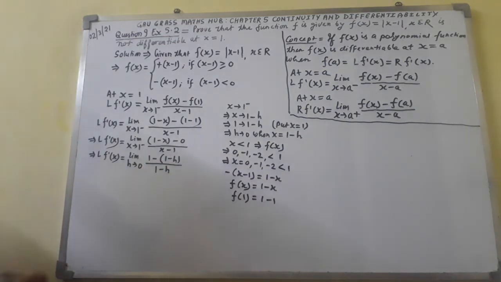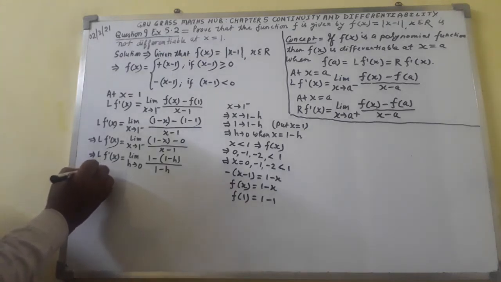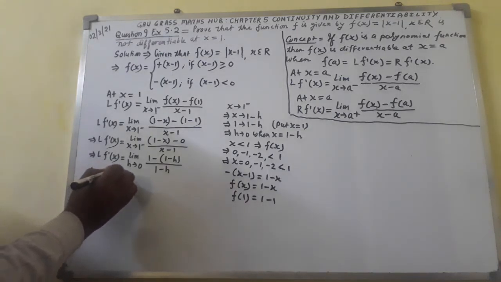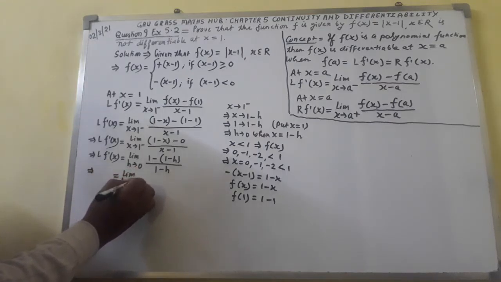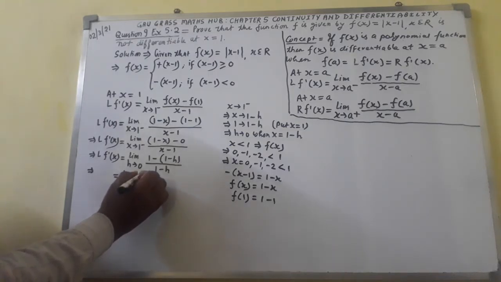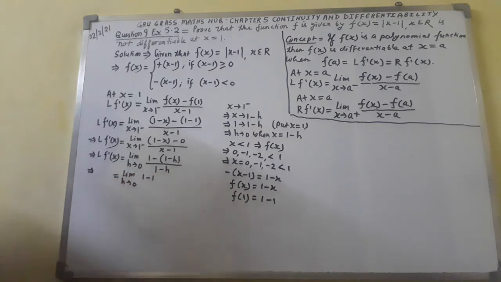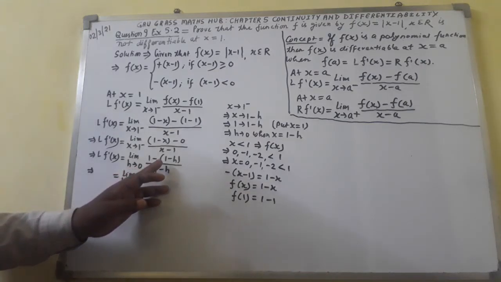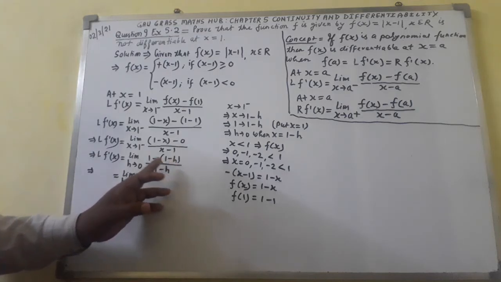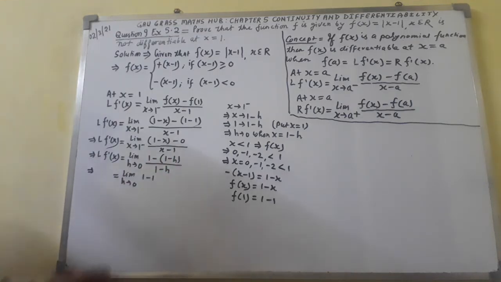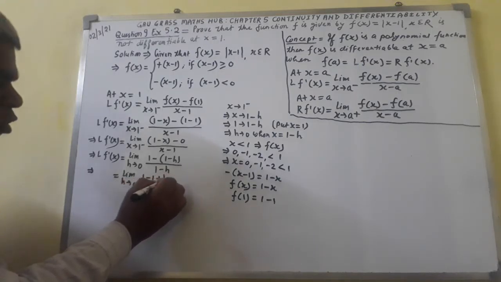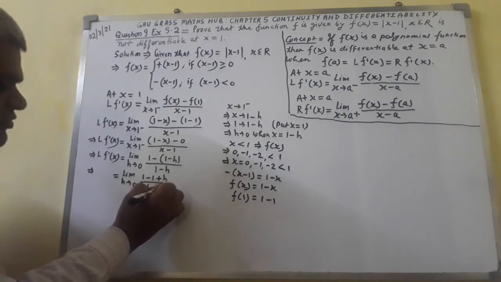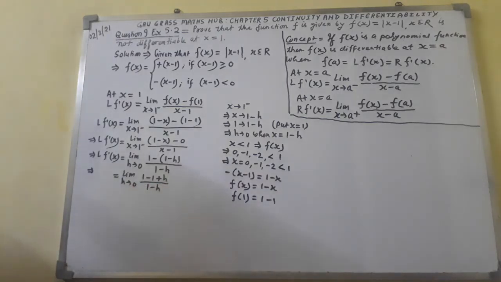It will become, now we will get here, implies that, equal to, limit h tends to 0, 1 minus 1, the bracket will be broken, minus will enter inside, 1 minus 1 plus h, whole over 1 minus h comes out to be.